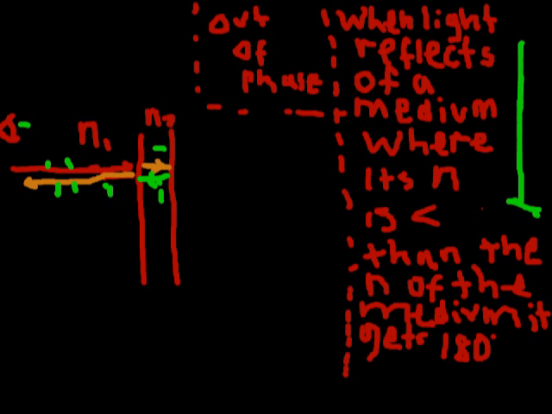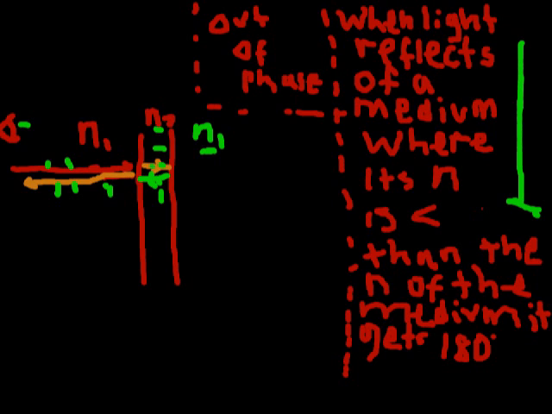And for the path that goes into the thin film, let's say this is still n1, since the outside has a lower index of refraction than the film, the reflected light inside the film wouldn't be out of phase at all with its original path.